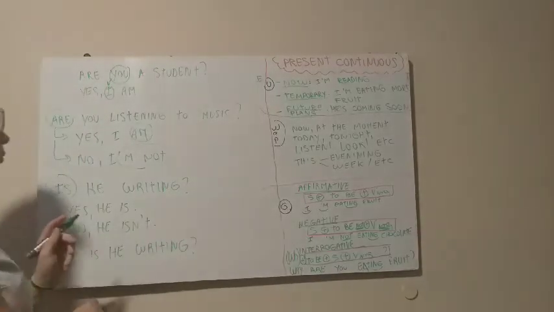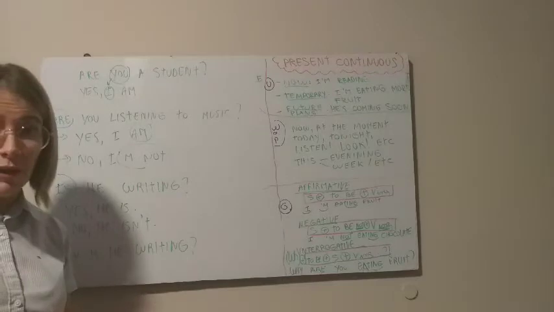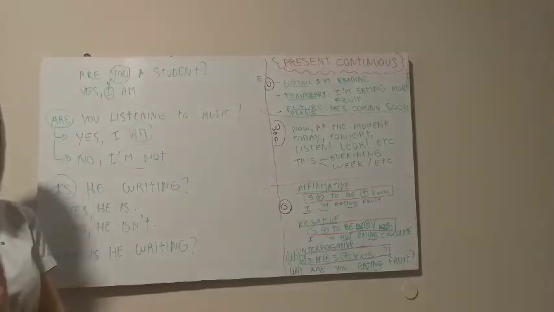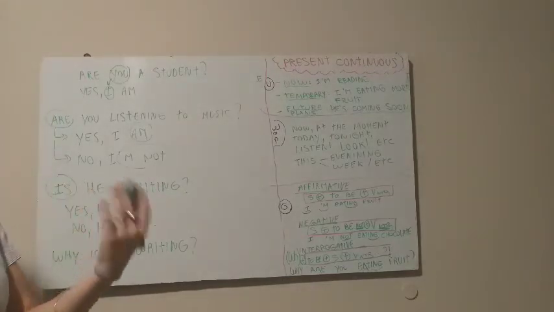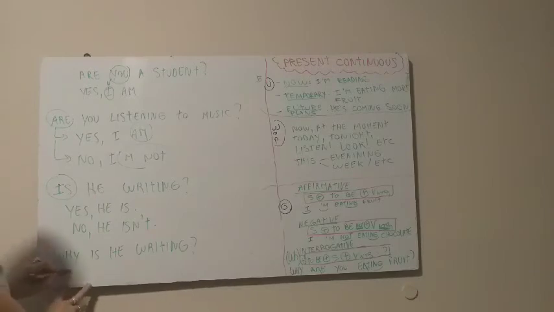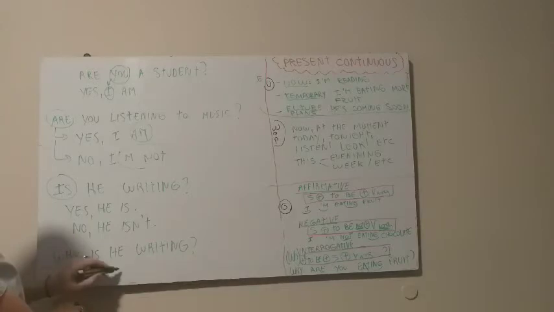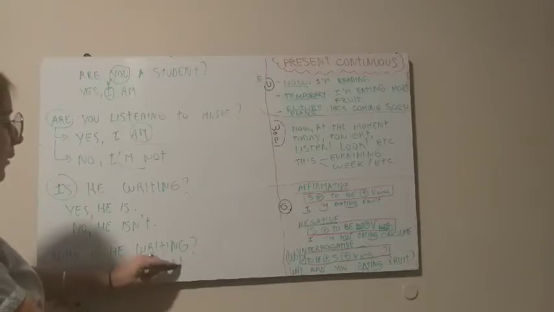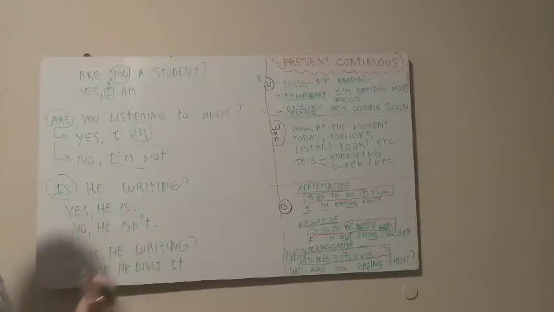In this case, what you need is extra information. It is not just yes or no. You have to say something more. Maybe because he likes it, or because he loves it.